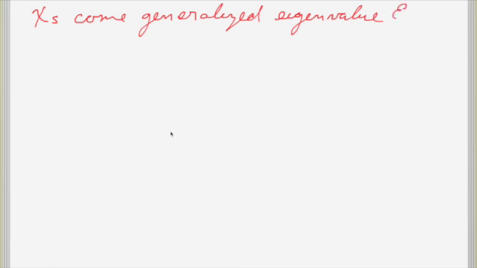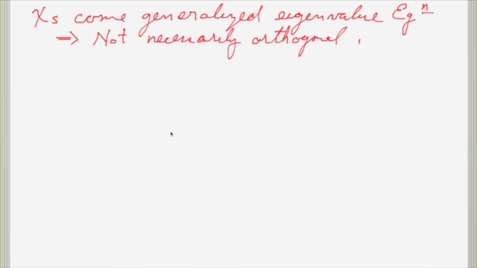So your chi's come from this generalized eigenvalue equation, which means that they're not necessarily orthogonal. And so to deal with this, and we'll bump into this later on at some point when we deal with a non-orthogonal basis set, which we haven't had to think about so far.